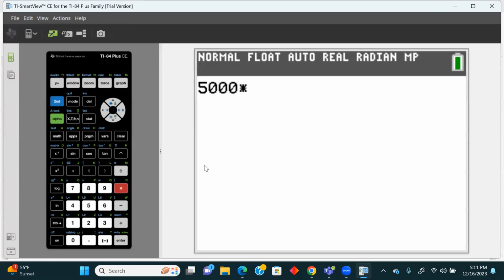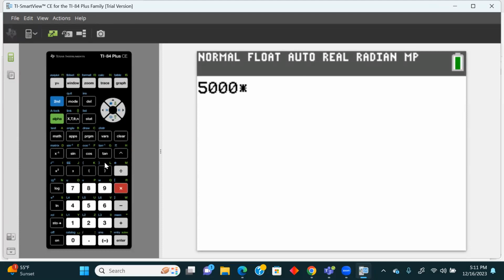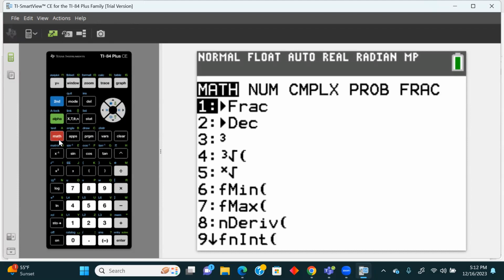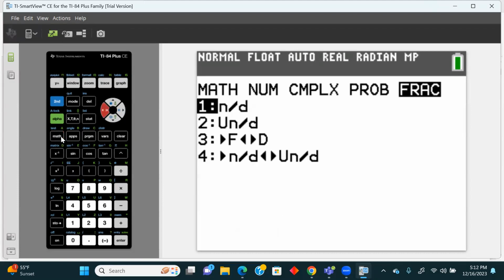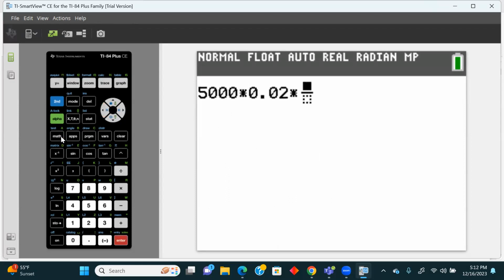And as I hit the buttons, they will appear red on the emulator that you see on the screen. Multiplied by the 0.02, multiplied by, now I can show you how to put a fraction in. If you hit the math button and you just arrow to the left where it says fraction, it's the first one. You just hit enter and it gives you the fraction bar. So it's 9 out of the 12 months. So that's going to be $75.